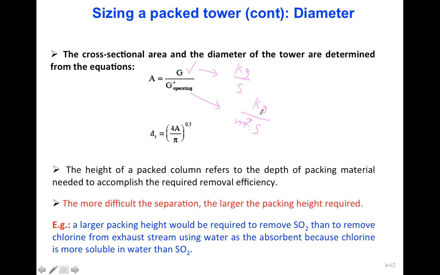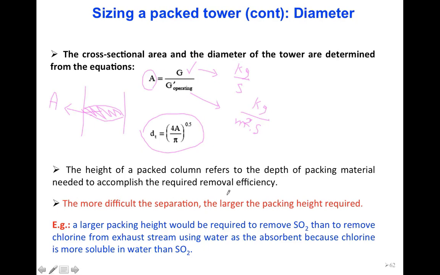Kilogram per second divided by kilogram per square meter second gives you the cross-sectional area of the column, which is a circular shape. Once you have the area, you can find the diameter of the column by using this equation.